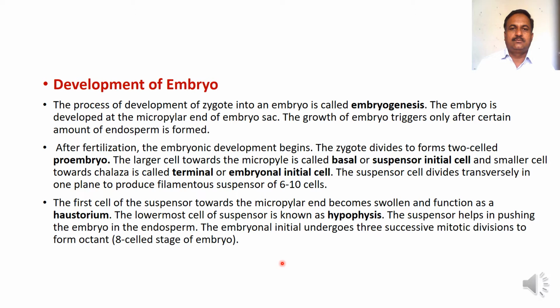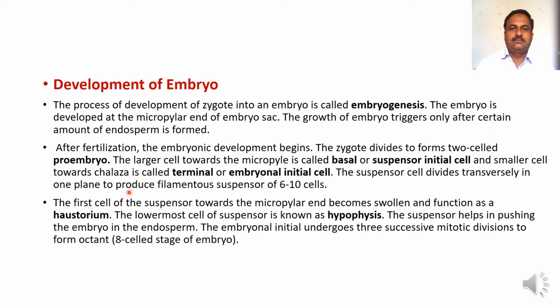The larger cell toward the micropyle is called the basal or suspensor initial cell, and the smaller cell toward the chalazal end is called the terminal or embryonal initial cell. The suspensor cell divides transversely in one plane to produce a filamentous suspensor of 6 to 10 cells.